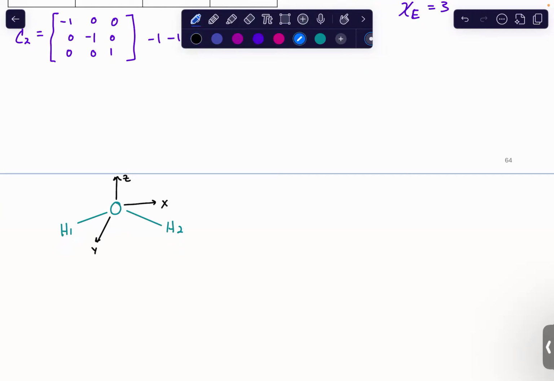In our sigma V prime, our sigma V prime is, of course, the YZ.